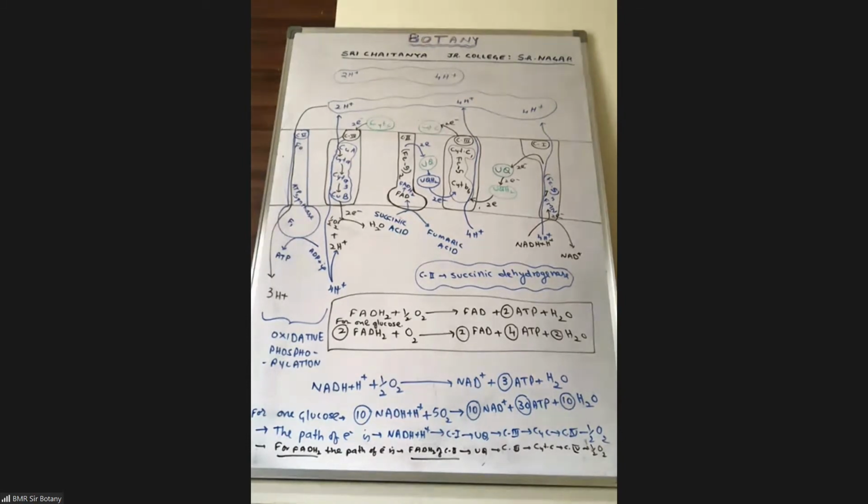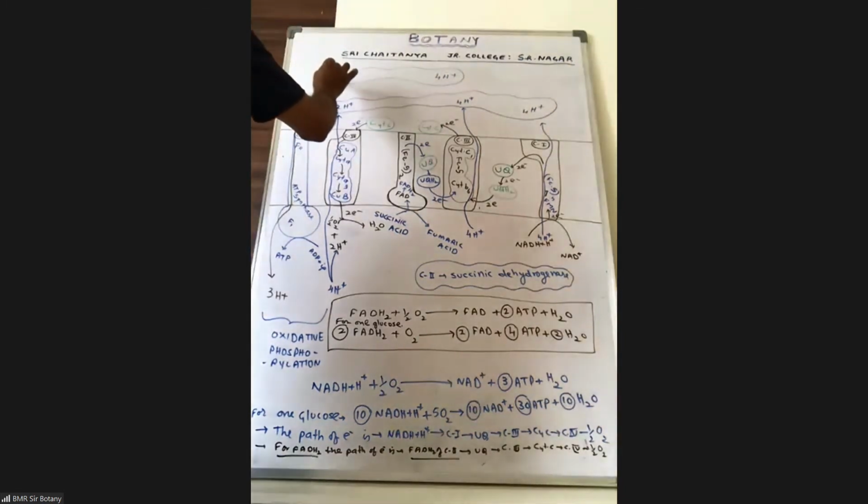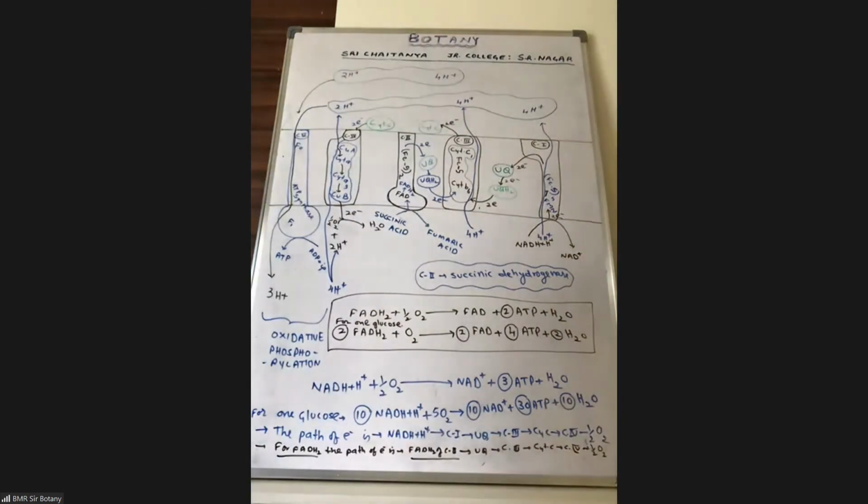Yes, sir. 30 from NADH alone, 4 from FADH2. Then how many water molecules did you get at the end? 12 water molecules. How much oxygen is supplied? 6 molecules of oxygen.